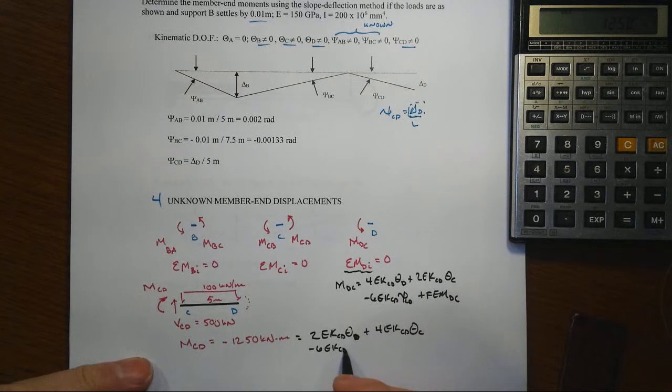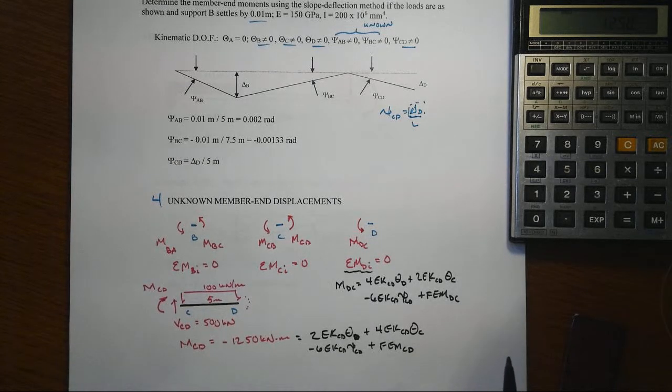Minus 6EK CD psi CD, and then plus the fixed end moment CD. Right? And again, this is a non-zero value.